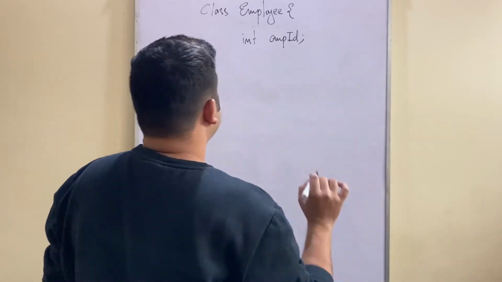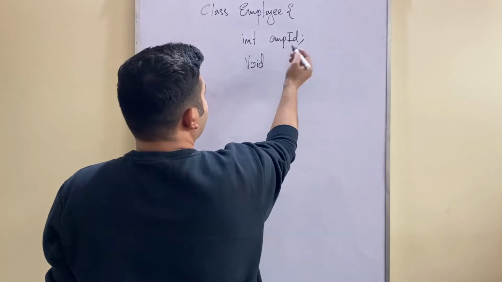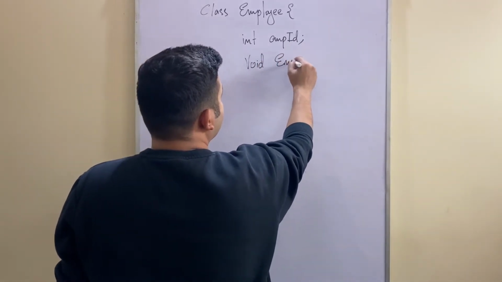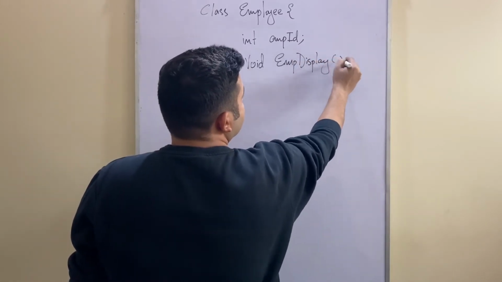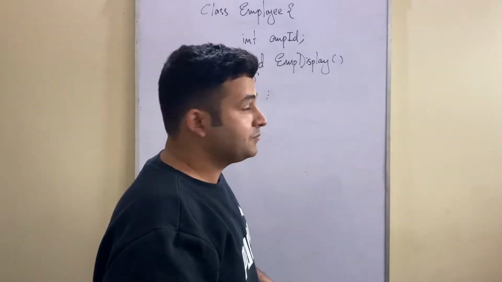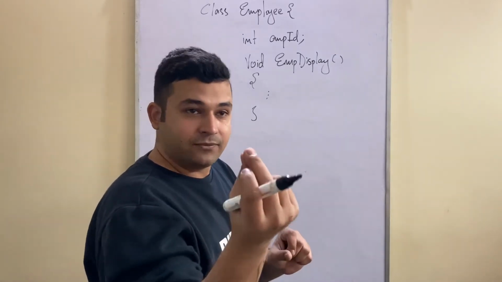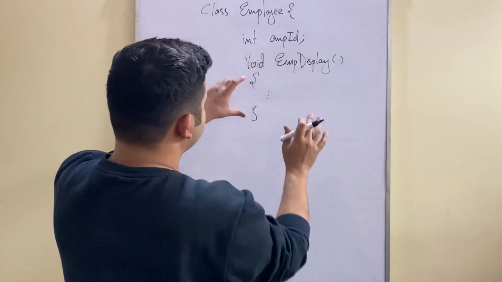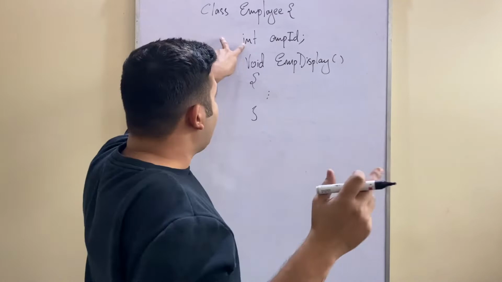Now suppose I create a method display, and it is doing some set of actions here. Now how to encapsulate this? Focus. First of all, let's forget about encapsulation and see how to access this class.